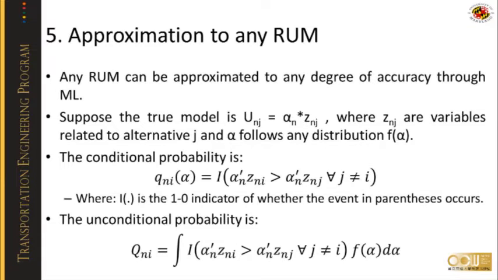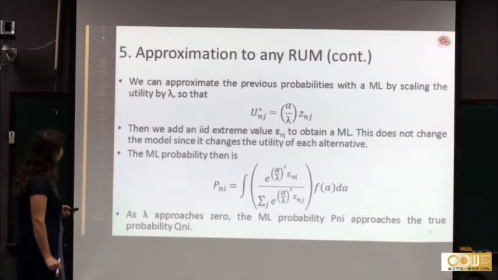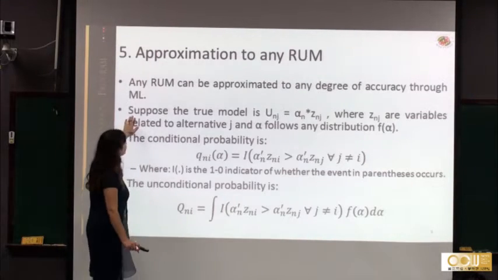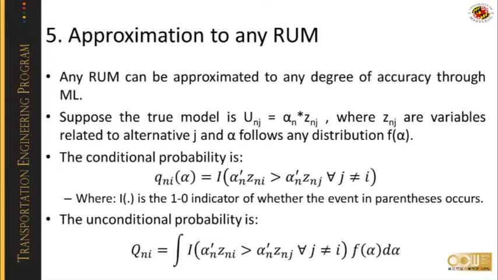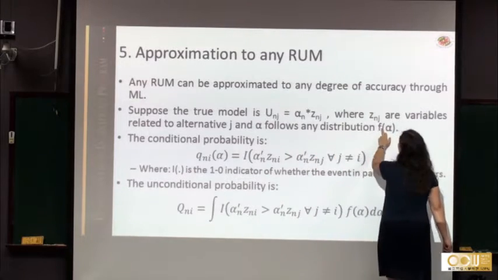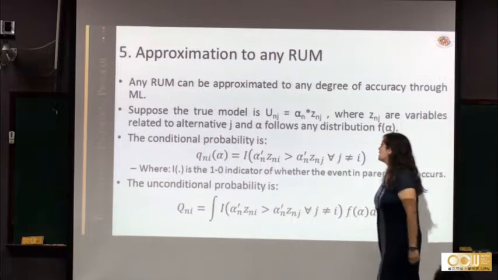So this is kind of a demonstration of how mixed logit can approximate any random utility model. Let's see how much we have here. So this is the demonstration one can try. So suppose that the true model is this one, right? And suppose that alpha follows a distribution f(alpha), right? We have a density for the coefficient.